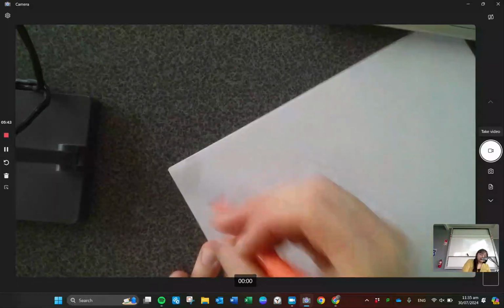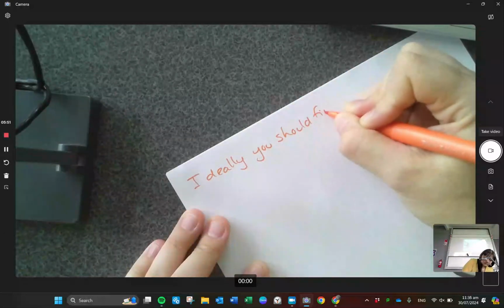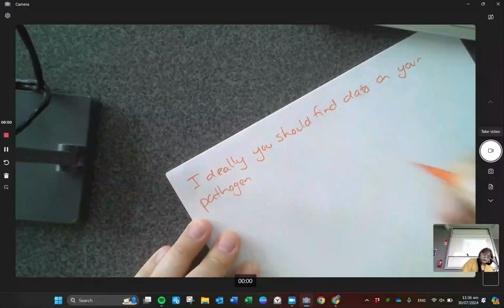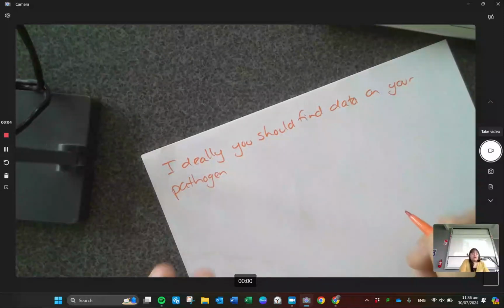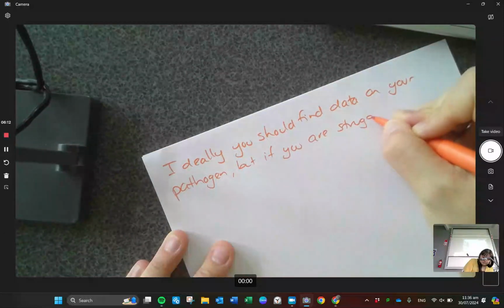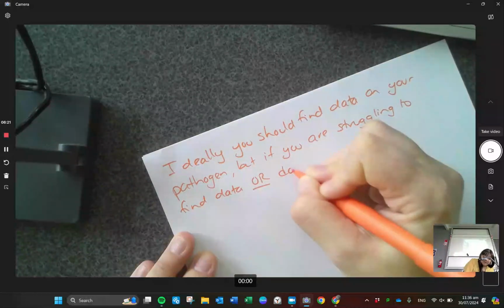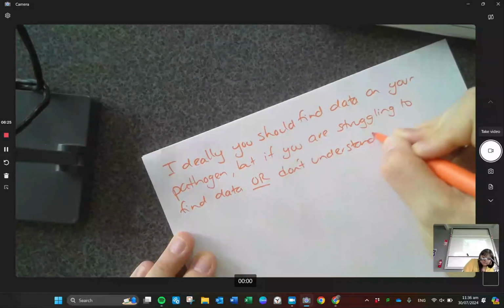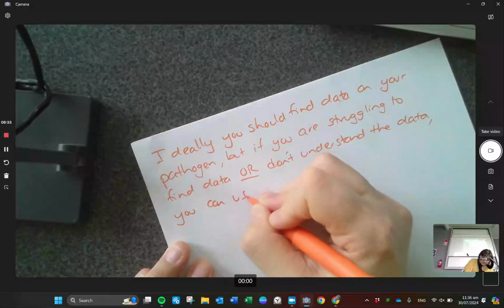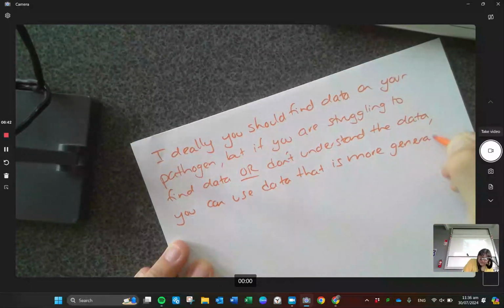Ideally, you want to find data on your pathogen, but if you're struggling to find that data, or you don't understand the data, you can use data that's more general. And I'll give you some examples of more general data.